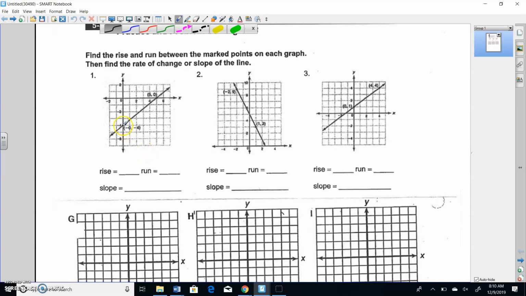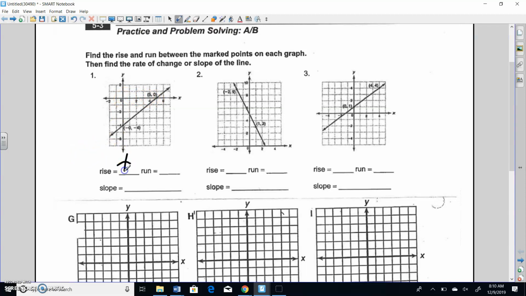Let's identify the rise. To get to the next point, how many do we have to go up or down to get on the same level as that point? For this point, I would have to go 1, 2, 3, 4 units up in order to get on the horizontal with that point. So my rise would be a +4.